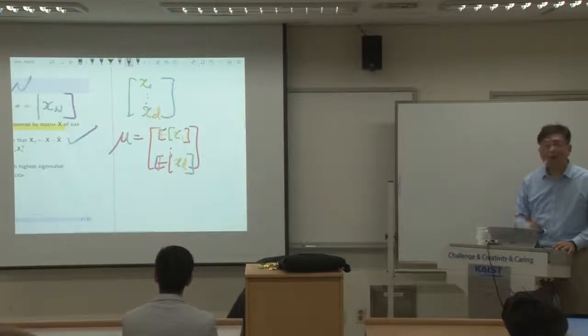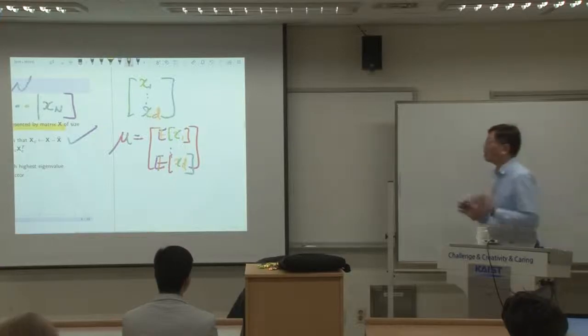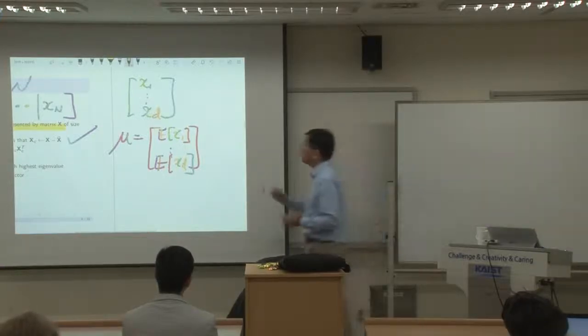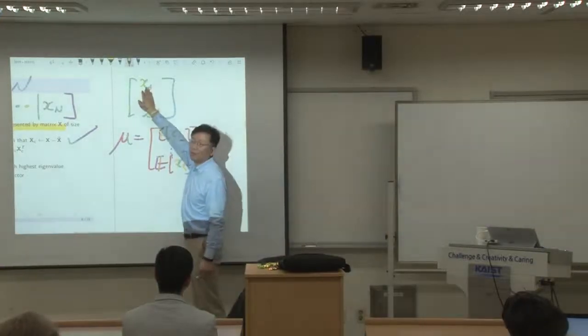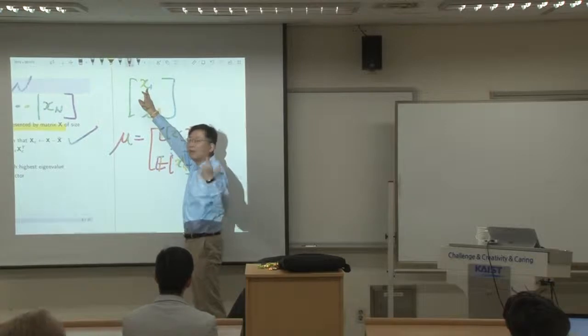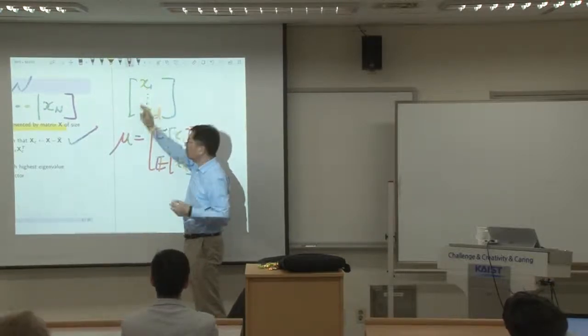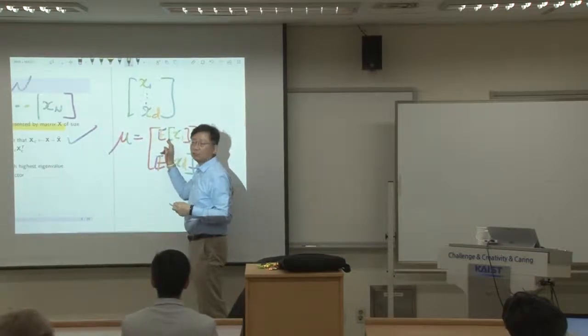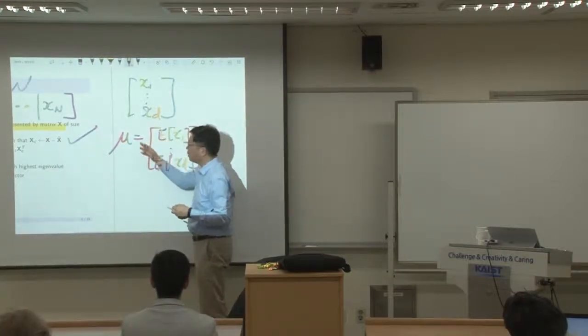Now you may say, what? Maybe I'm making it more complicated. It's just the average value of this dimension. This dimension can take on many values. Probabilistically, the average. The mean value.